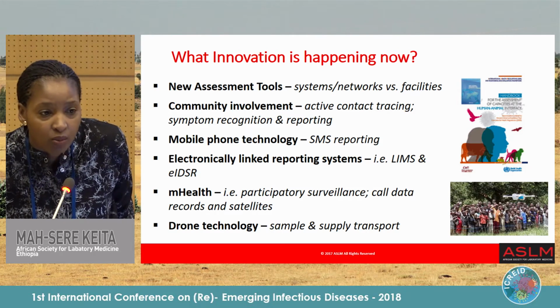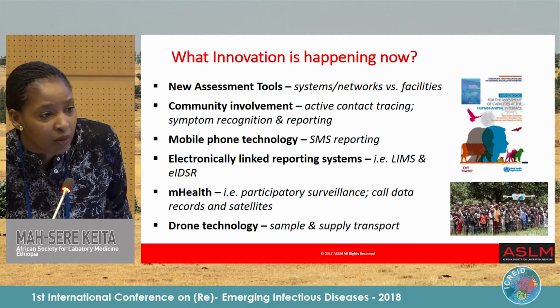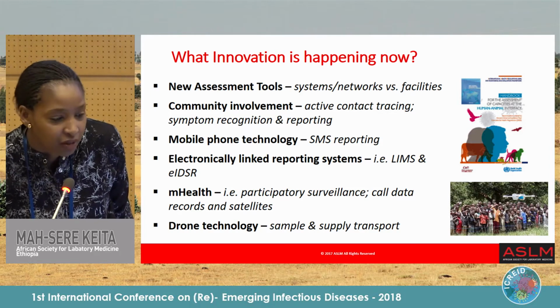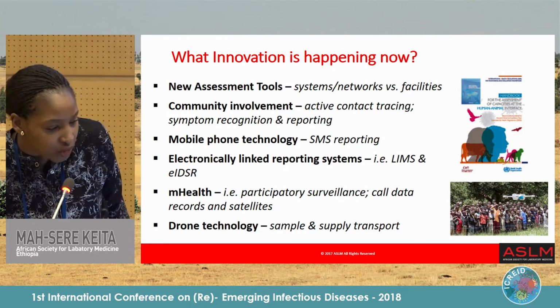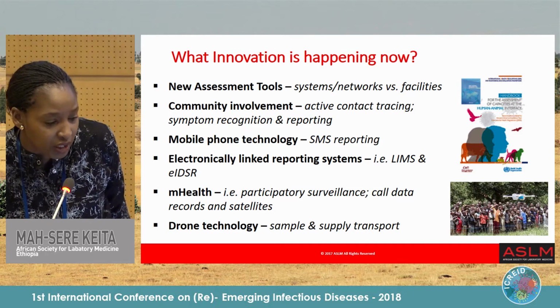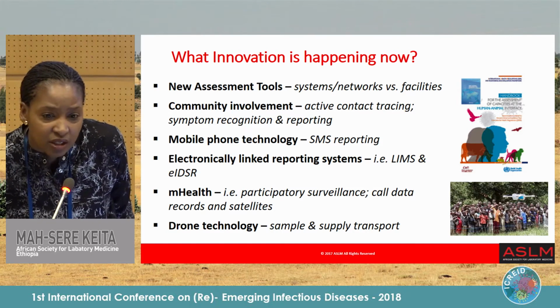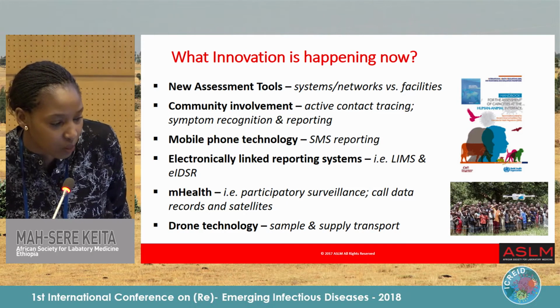There's also more of an integration of different health sectors between human, animal, and environmental health. So tools are encompassing all of those factors in a One Health approach. And then we're involving more and more of the community and doing more active contact tracing. That was something that Ebola showed, that active contact tracing was a good way to contain the outbreak.